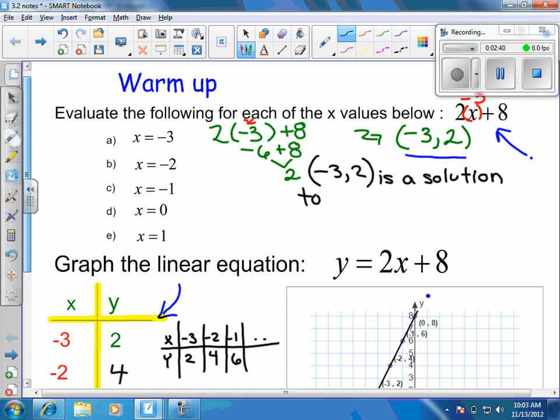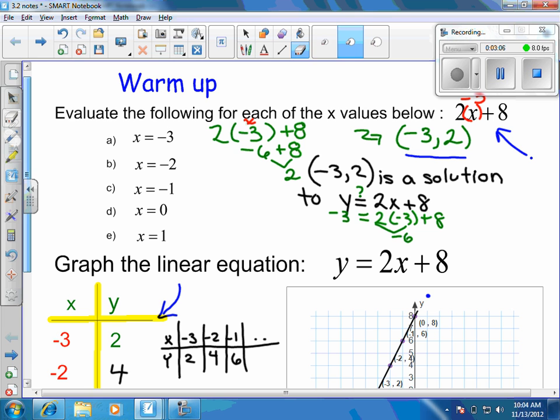If I change this to an equation and write y equals 2x plus 8, because when I put in -3 for x, remember this earlier this year, I put a question mark here and I said, does that equal -3? And then you would work out this side. I'm sorry, but does that equal -2? +2.